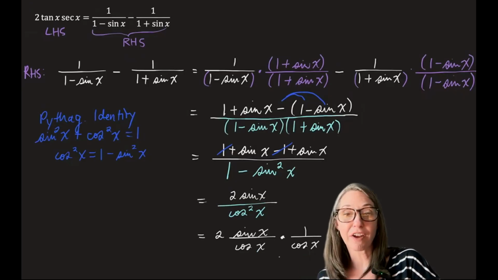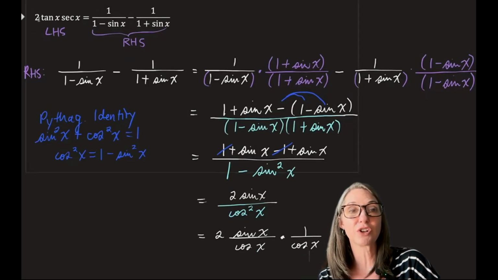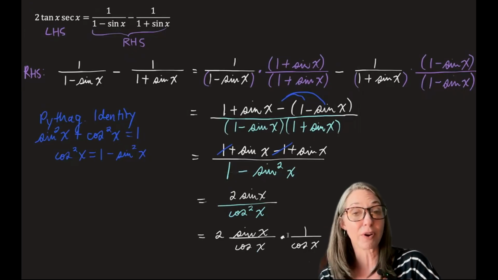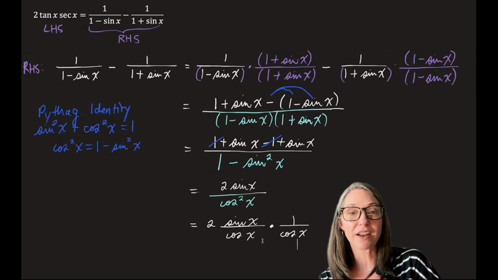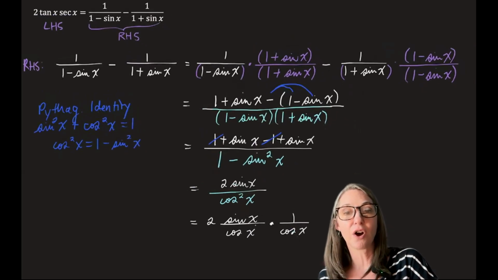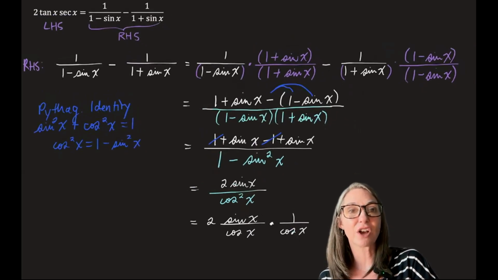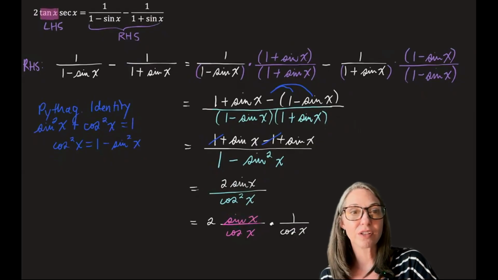Normally, if I was just simplifying, I may have stopped in the prior step, but since we need to turn it into 2 tangent x secant x, we've got to keep going. But there's only one more step and then we're done. So 2 times sine x over cosine x, and sine x over cosine x is equivalent to tangent of x.